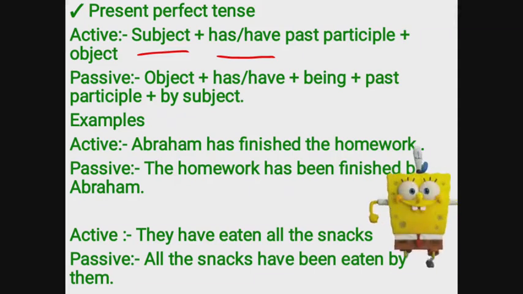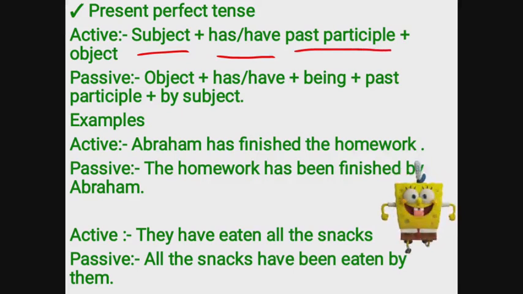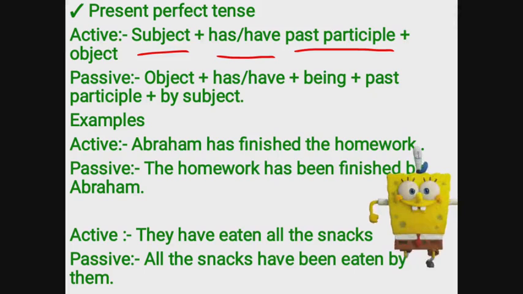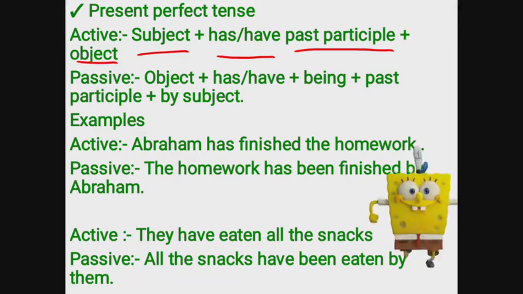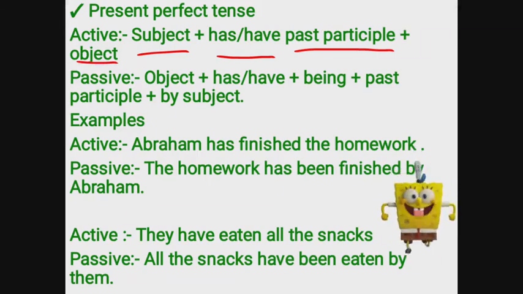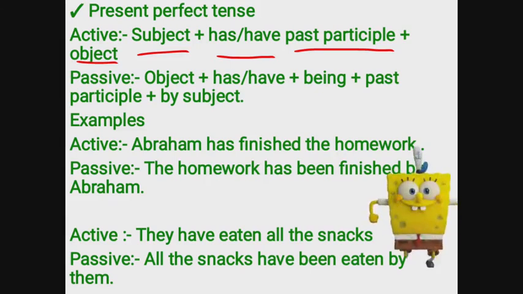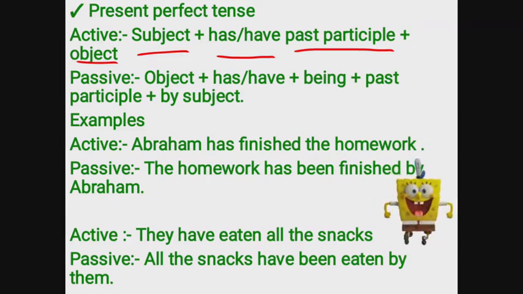Then you also put the past participle of the verb. Like I told you, for the active voice, we are using a past participle right now. Then plus the object. So the active form of every present perfect tense is the subject plus has/have plus past participle plus the object. Now, if you want to change this to the passive voice, what do we do?